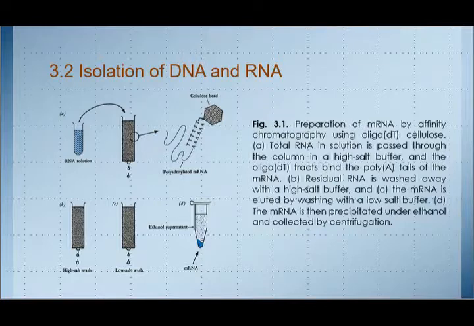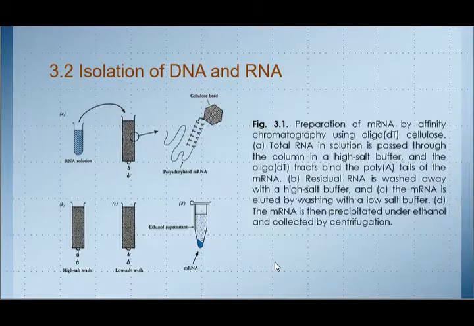If mRNA is needed for cDNA synthesis, a further purification can be performed by affinity chromatography using oligo-dT cellulose to bind the poly-A tails of eukaryotic mRNAs. This gives a substantial enrichment for mRNA and enables most of the contaminating DNA, rRNA, and tRNA to be removed.